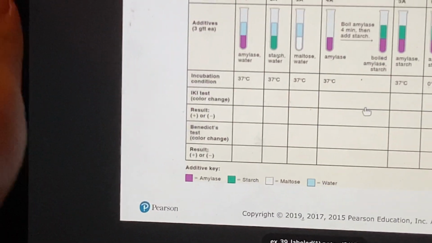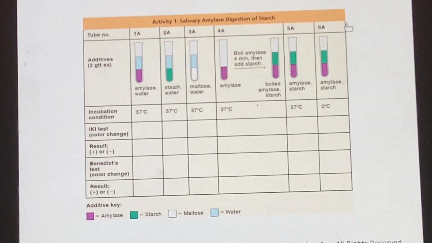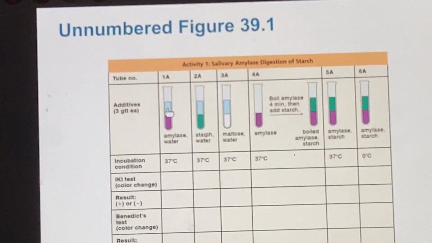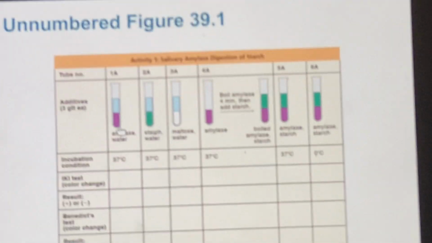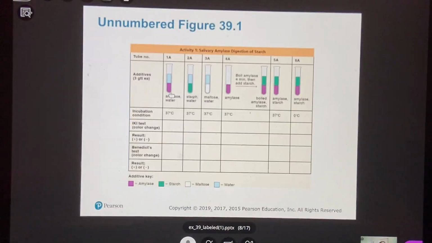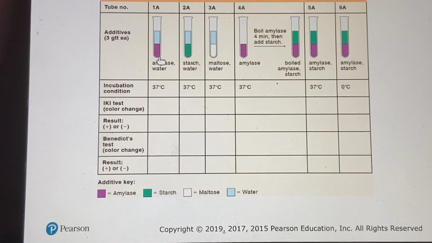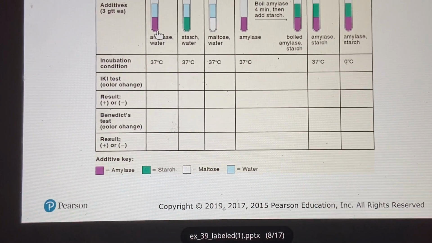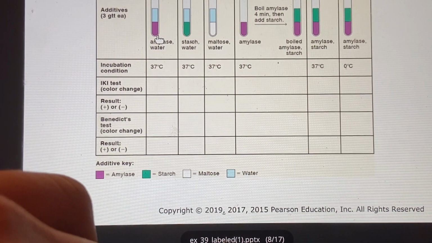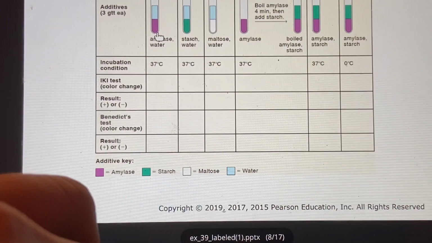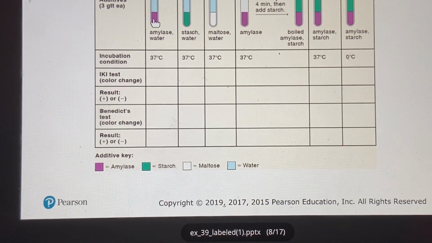Test tube one is blue and purple. So what are our additives? Tell me if you understand what I'm saying. Amylase and water, they say. Okay, you have amylase and water.